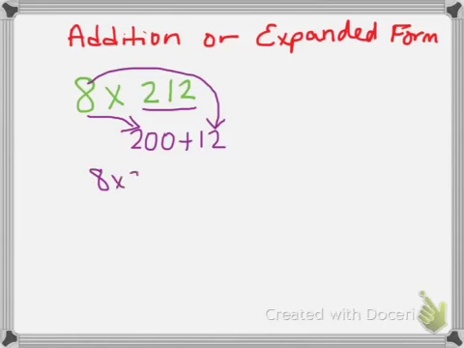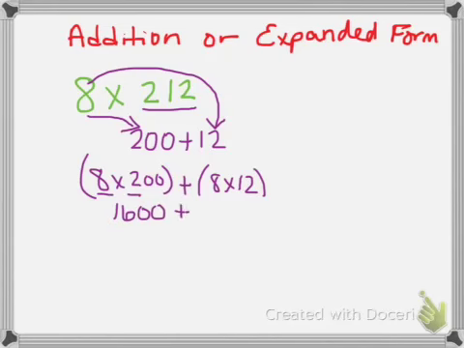So I have 8 times 200 in my parentheses plus 8 times 12. So I would take 8 times 2, which is 16, and my 2 zeros, plus 8 times 12, which is 96, and then I would just add them up, which is 1,696.